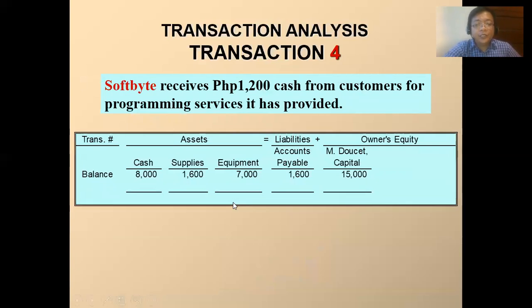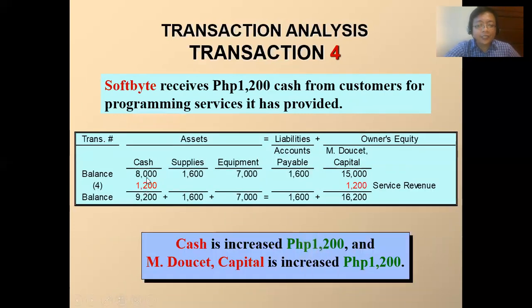Next, SoftByte received 1,200 in cash from customers for programming services it has provided. You receive cash and you have also provided services. That's why it will add to your cash, correct? And it is also part of the service revenue, because you have done your programming services.